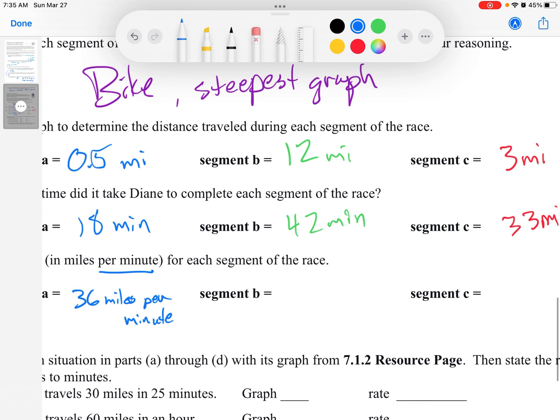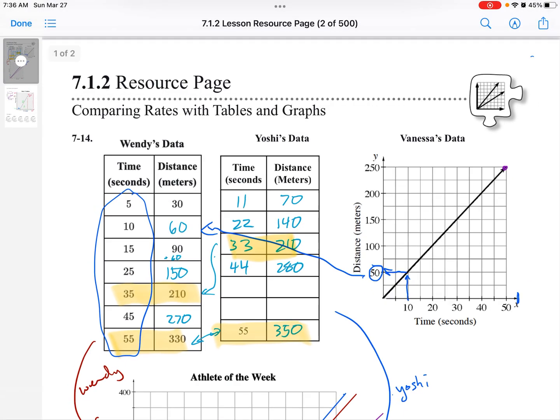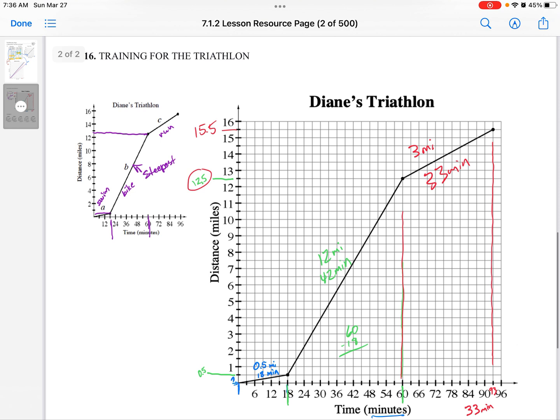Let's look at what we did here. How many miles per minute here? Wait a second, did I? Man, something isn't right. 12 miles, 42 minutes.